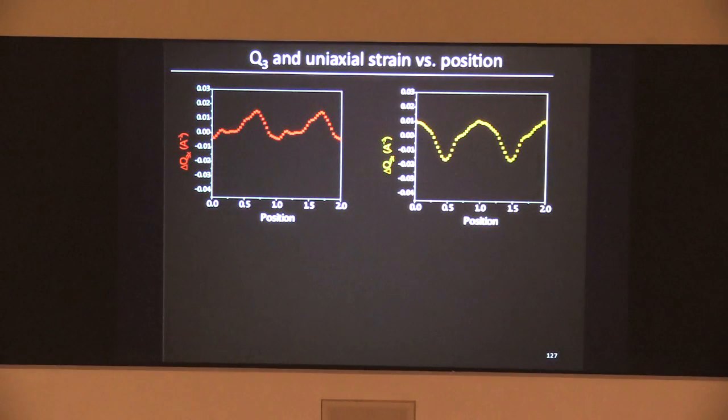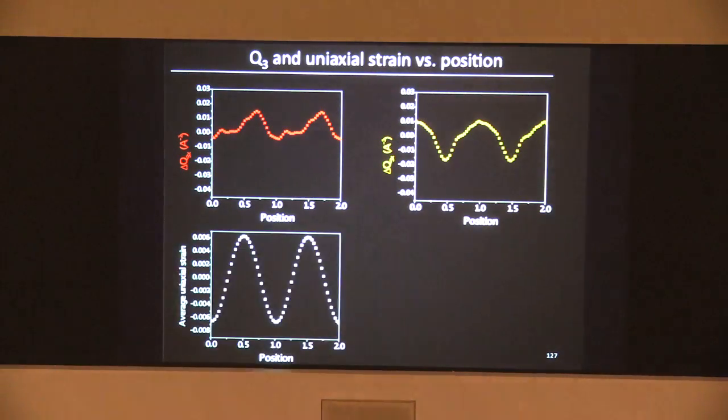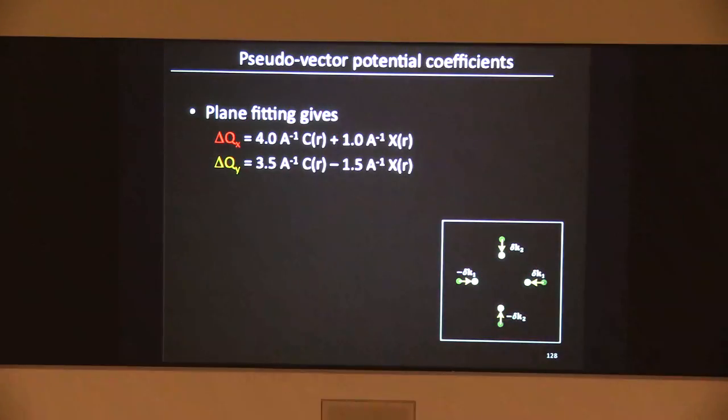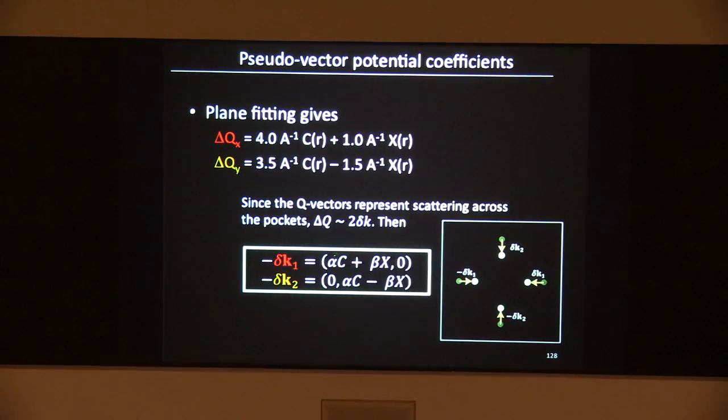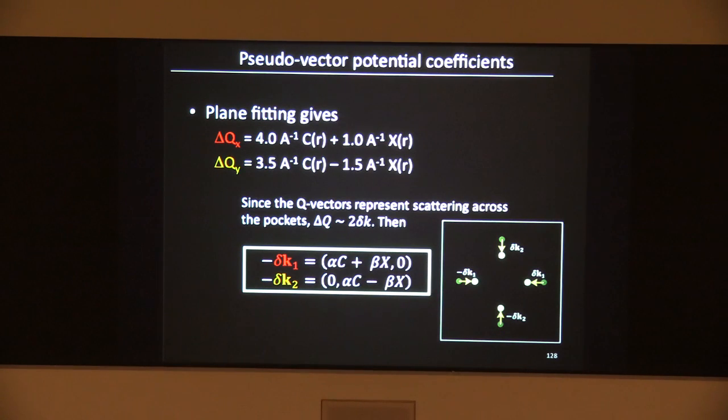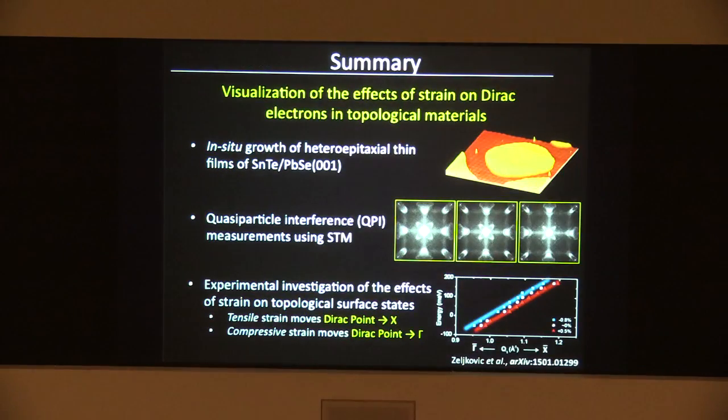You can see that just by plotting the Q vectors. Here's Qx, it goes this way. Here's Qy, it's completely out of phase. So now we can get all of these alpha and beta constants, and whatever we get from our data matches theory pretty well. So all this is great.